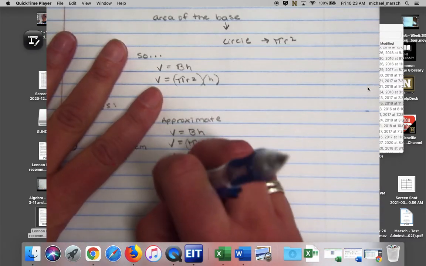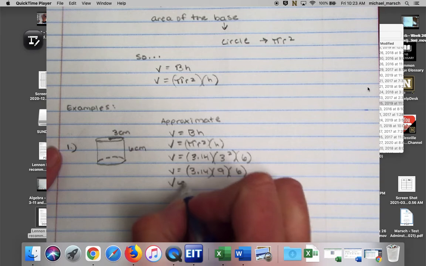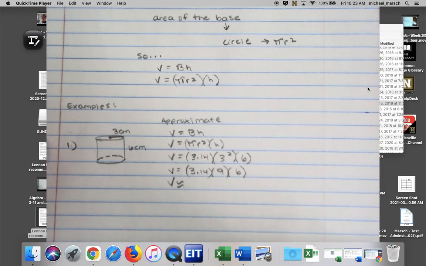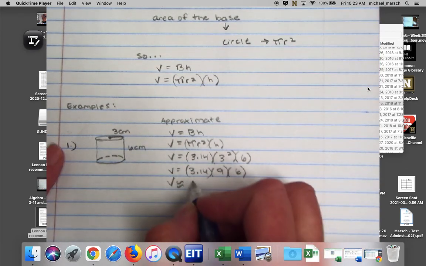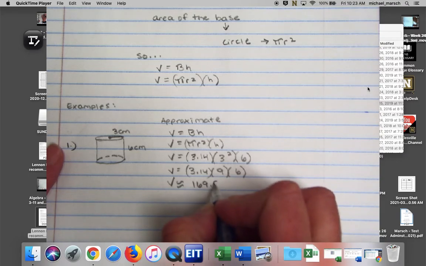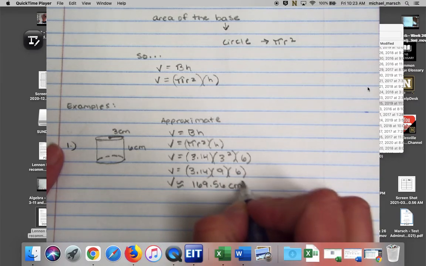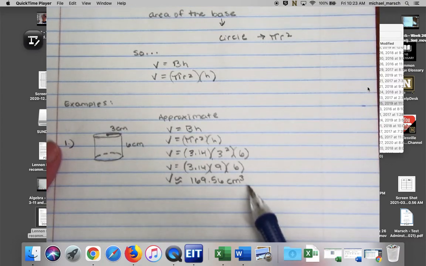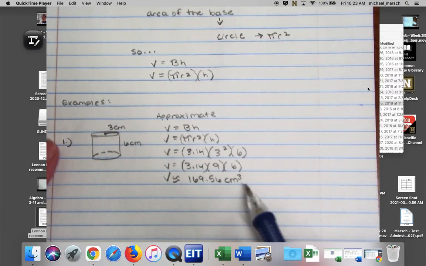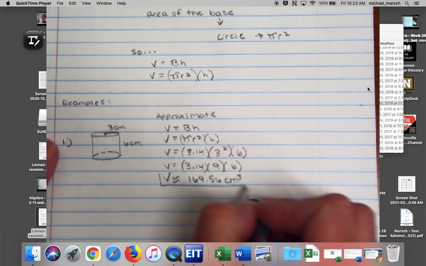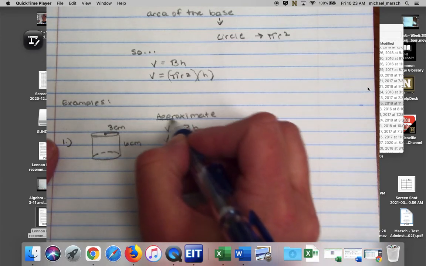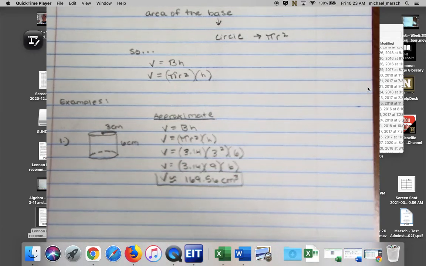I'm going to have a squiggly because remember 3.14 is an approximate value for pi. So I'm going to have, volume is about 169.56 centimeters, and then hopefully you remember from the video we label it with a cubed value. So that would be my approximate value for the volume of this cylinder.